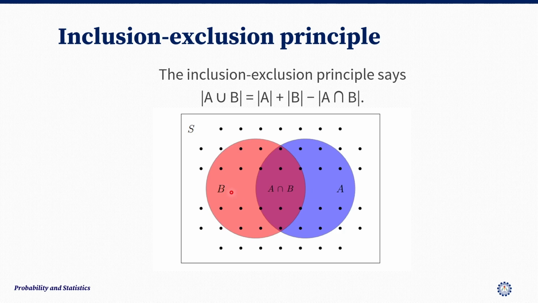The figure shows that the cardinality of A plus the cardinality of B double counts the cardinality of A intersecting B, which is why the cardinality of A intersecting B is subtracted off in the inclusion-exclusion formula. So we will deduct the cardinality of A intersecting B. Why? Because it double counts the dots inside this portion.